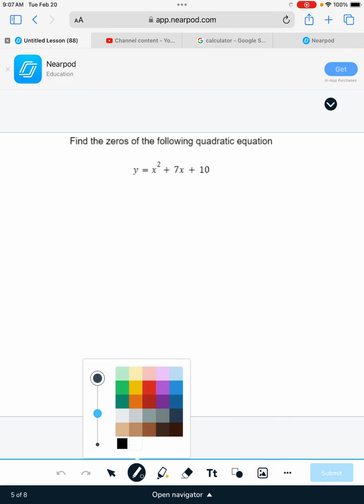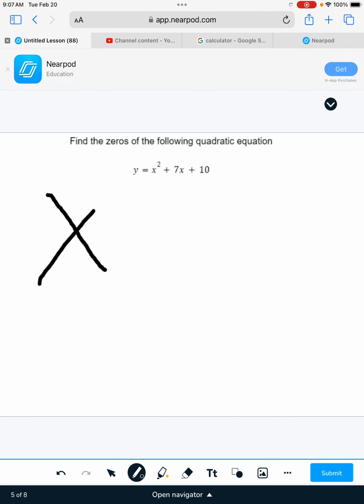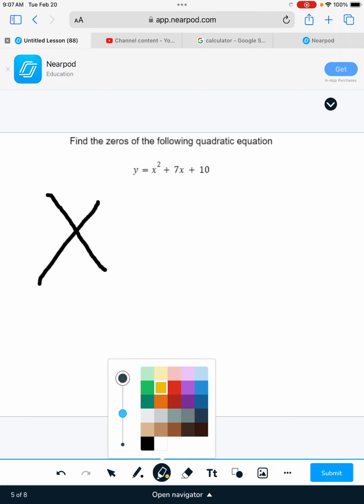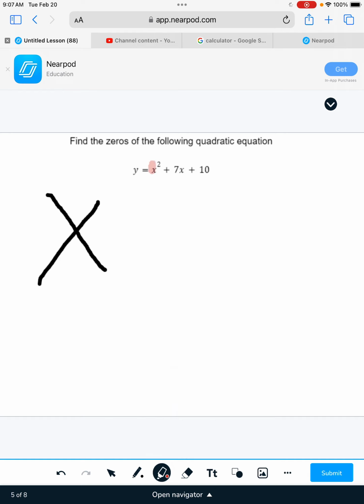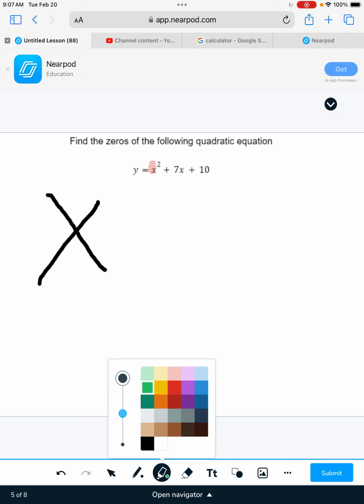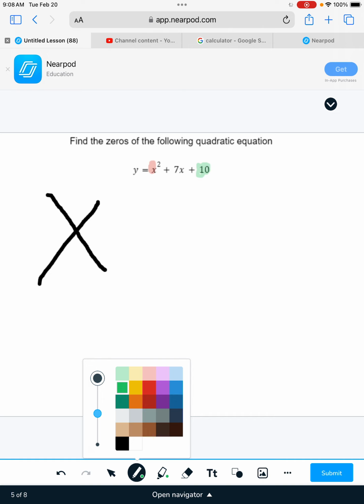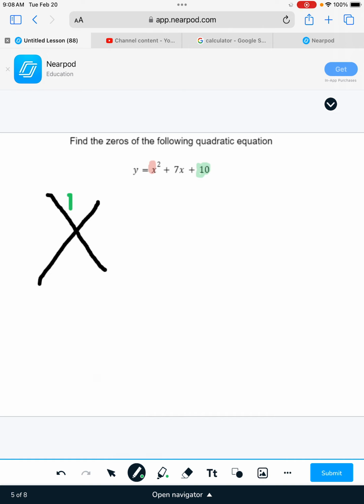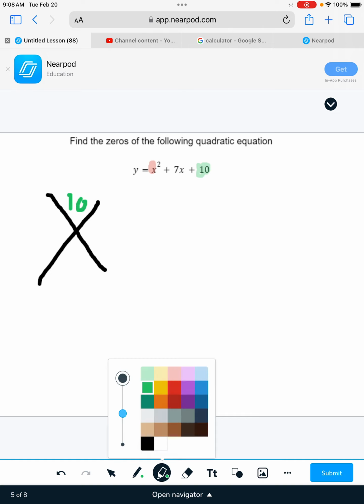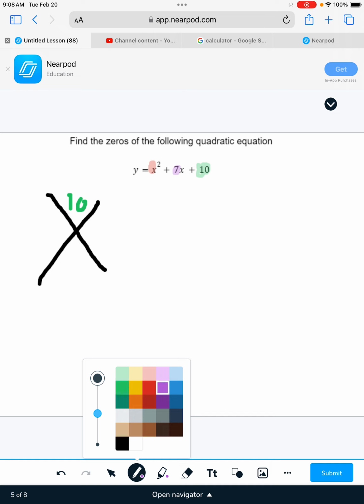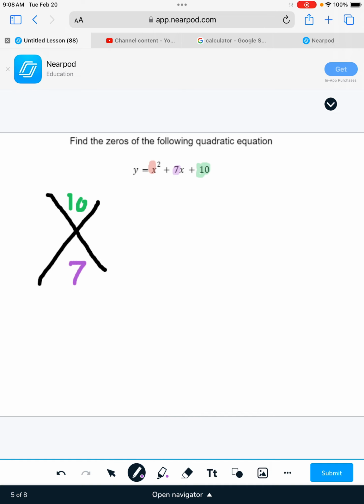First and foremost, set up my X-Men. Multiply my A and my C. Once again, I'm going to highlight those. My A, there isn't one, so it's a 1. My C is going to be this 10. 1 times 10 is going to be 10. Good, nice and positive. My B is going to be 7. So my B down here is 7.